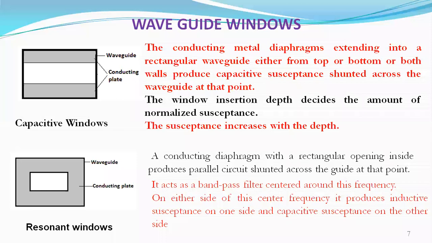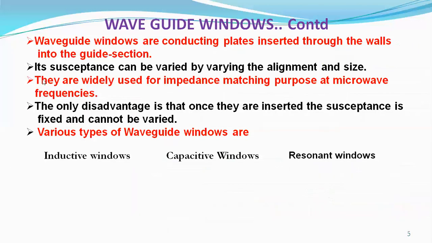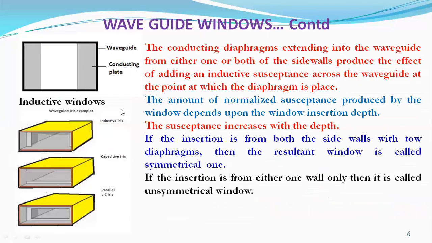Waveguide windows are of three categories: capacitive window, inductive window, and resonant window. For the inductive window, we insert the conducting plates inside the rectangular waveguide on the side walls, and it will create the inductive effect.